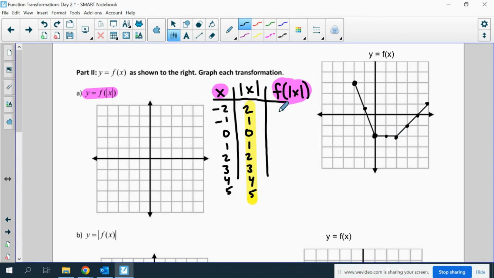So what is f at 2 on this graph? It's at -2. When I have x equals 1, that's -2. When I have 0, that's -2. 1 is -2. 2 is -2. X equals 3 is -1. X equals 4, 0. X equals 5, 1. So I'm going to plot all these points.